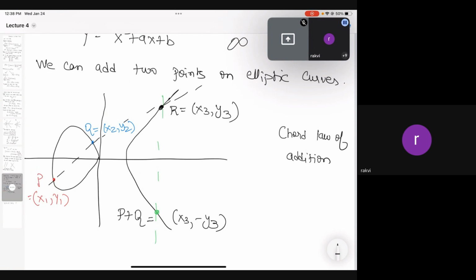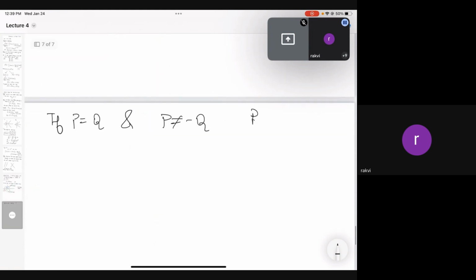If you want to add R and minus R, and you take the chord joining them, it will be a vertical line. And where will this meet the curve? This will meet the curve at infinity. And if we take the reflection of infinity, we get back infinity itself because that's the only point, right? So P plus minus P is simply the point at infinity, right?